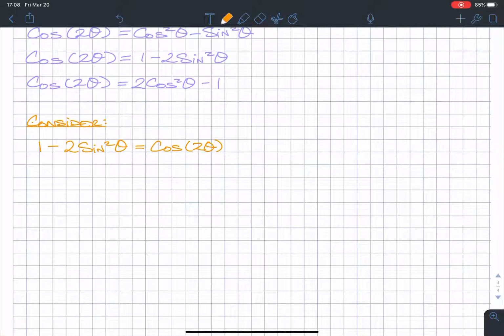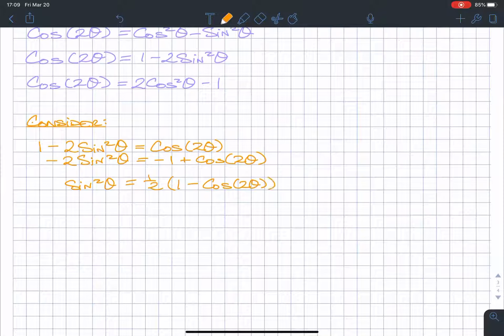And let's subtract 1 from both sides, so I get negative 2 sine squared theta is equal to negative 1 plus cosine of 2 theta. And now let's divide by negative 2. So I get that sine squared theta is 1/2 the quantity, if I change the signs, 1 minus cosine of 2 theta. So I divided by a negative 2 and changed the signs.